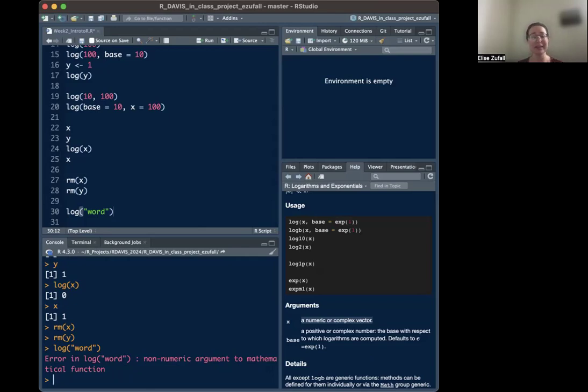Error messages are designed to be really explanatory and useful. So always work to understand what the problem is. You can fix it yourself, ideally, or know what keywords and concepts to look for on forums. So if I was really confused, I'm like, non-numeric argument, what is that? I could plug this phrase into Google and look on a help forum online and ask, what does it mean when it says non-numeric argument to mathematical function?